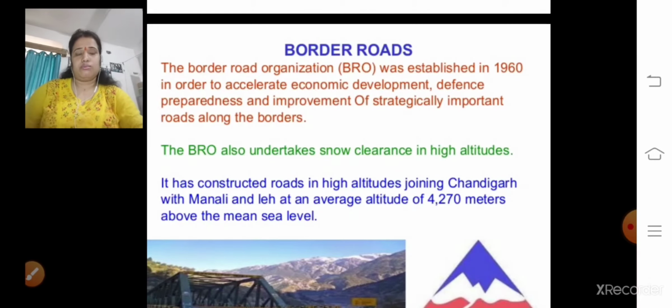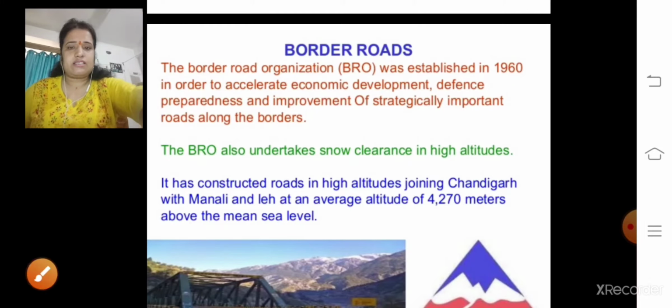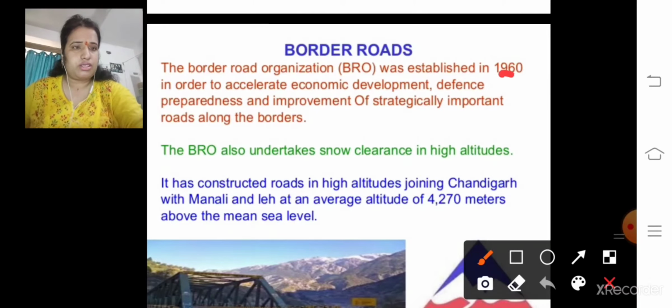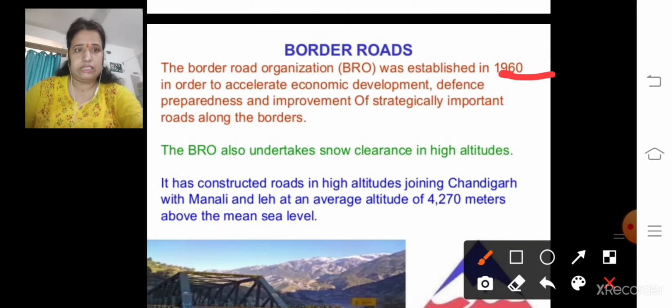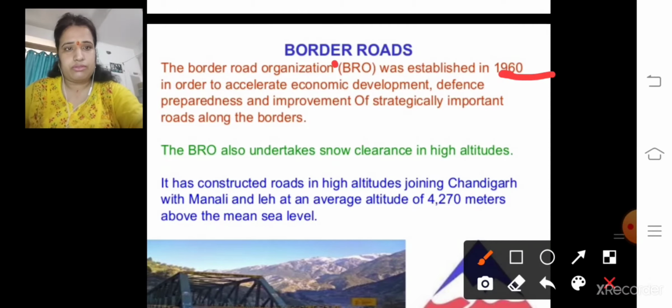Now see border roads. Just now we have done all the classification. In that one was the border road. So Border Road Organization was established in 1960. This is again an important question. You have to remember the year and you have to remember the full form of BRO.